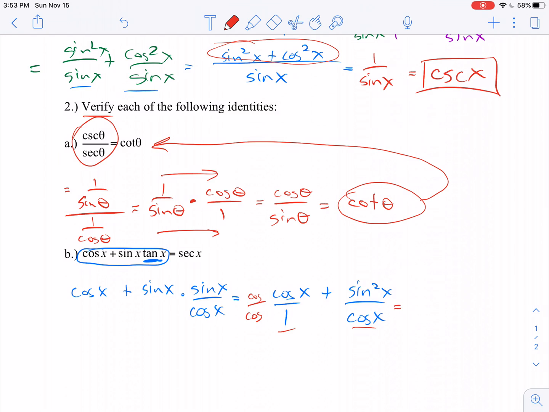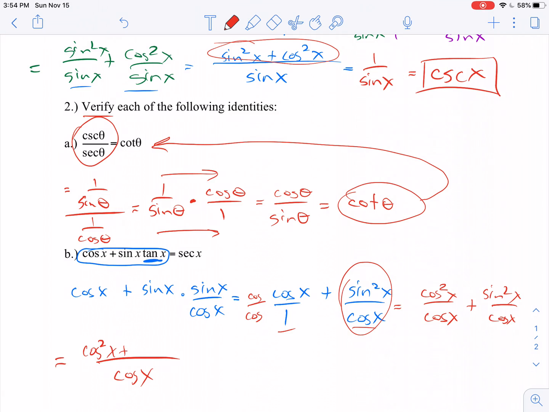And I end up with cosine squared of x over cosine of x. And I don't have to do anything to this one, so it's just sine squared of x over cosine of x. So again, some of you may have just added those together because you have a common denominator of cosine. So now that's cosine squared plus sine squared of x.